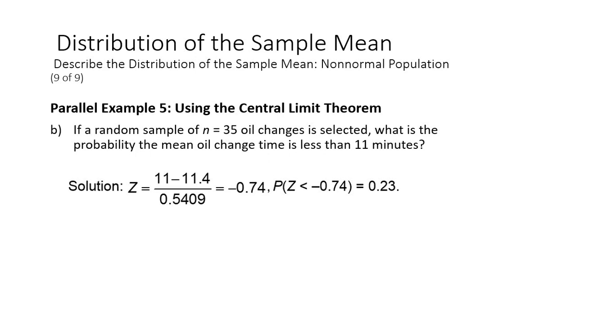The second part of the question is asking you now, if a random sample of size n is equal to 35, notice how the sample size did not change, so we do not need to compute a new standard deviation. We can stick to the original standard deviation that we computed in the previous slide. So we say if a random sample of n equal to 35 oil changes is selected, what is the probability that the mean oil change time, you see how it's asking about the mean oil change time, is less than 11 minutes.